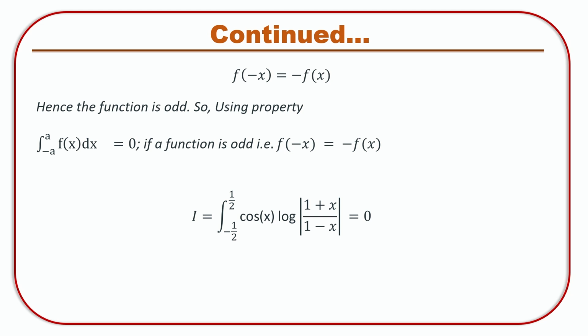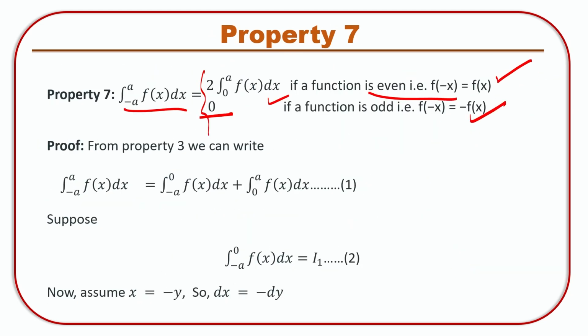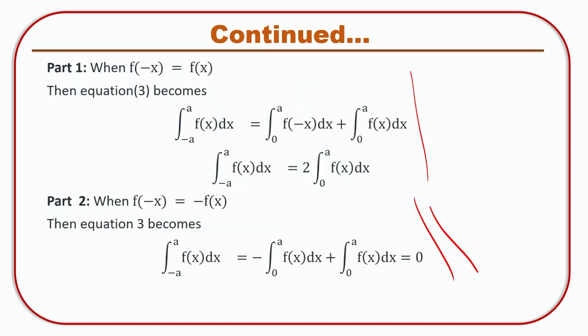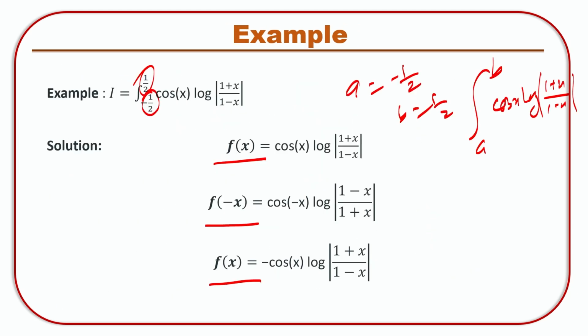function, and once it is an odd function, then what will be the property? The property says that the value is going to be 0 here. See, the integral from minus a to a is 0. So we have to evaluate here from minus 1 by 2 to 1 by 2. You don't have to go through the evaluation of the integration. You need to understand the properties.